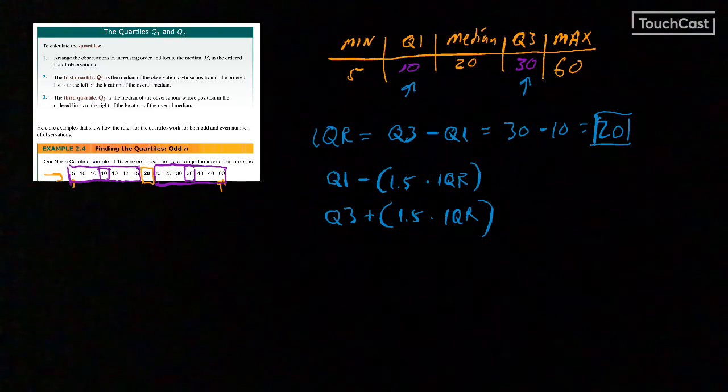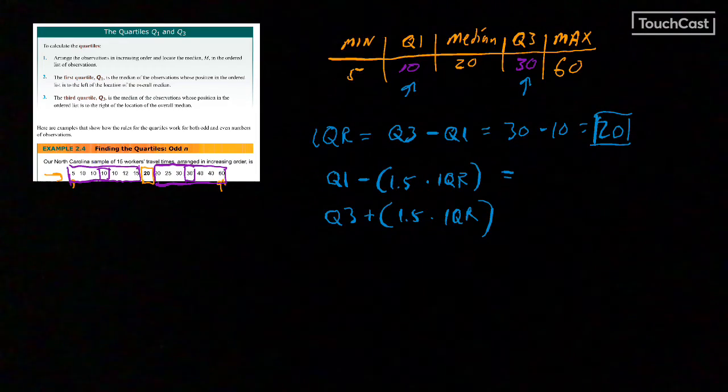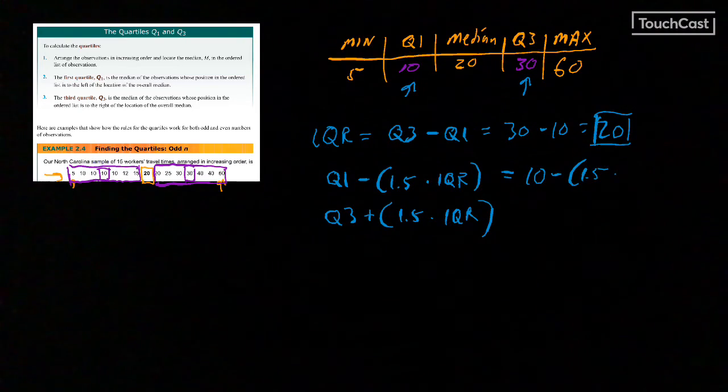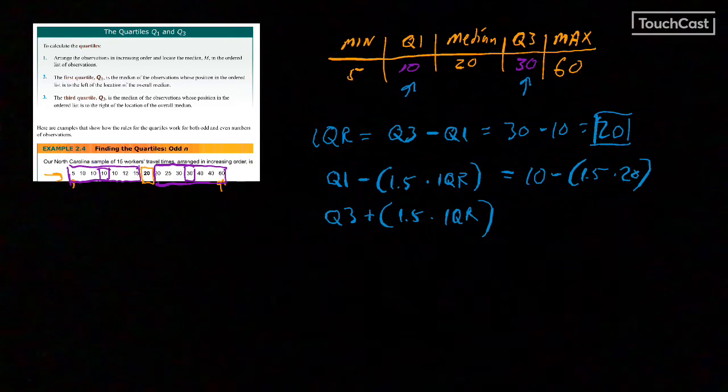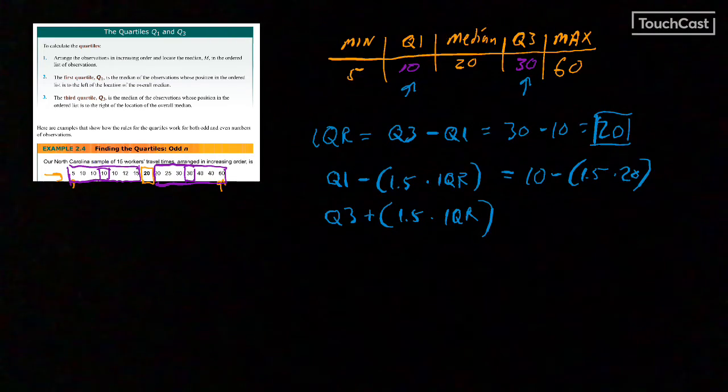So we have all of this data, and we just need to plug it in. For the low end, Q1, if we look up here, is 10, and the IQR is 20. You can break out your calculator if you want, which is exactly what I'm going to do because I'm terrible at mental math.